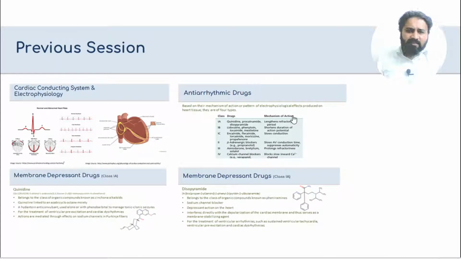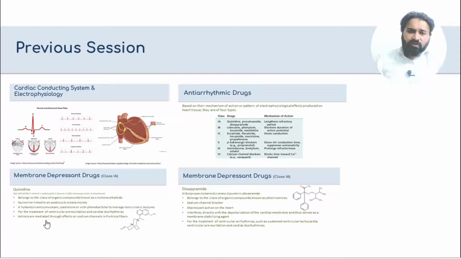We have discussed the class 1 drugs, which are really the membrane dependent drugs. These antiarrhythmic drugs of class 1 have stabilizing properties, and they shift the membrane towards the more negative potential.